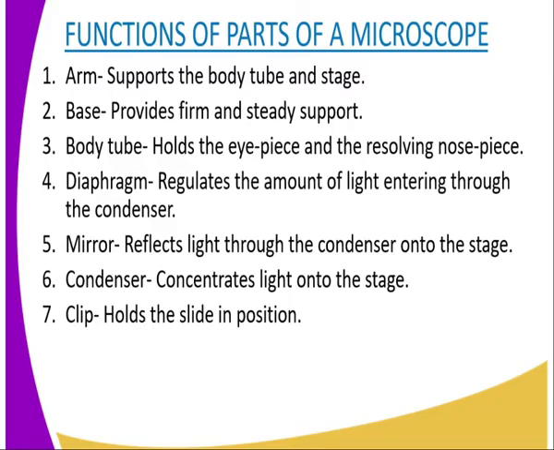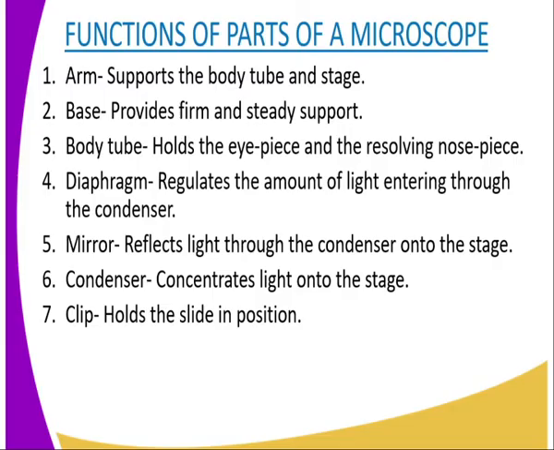We also have the clips, whose function is to hold the slide in position. We have other parts like the revolving nose piece, whose function is to hold the objective lenses in place, thus enabling change from one objective lens to another.